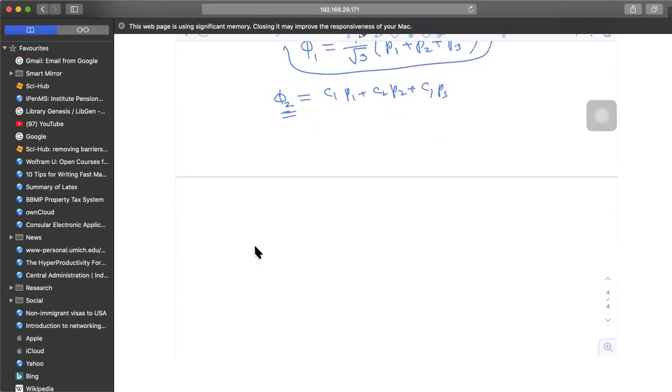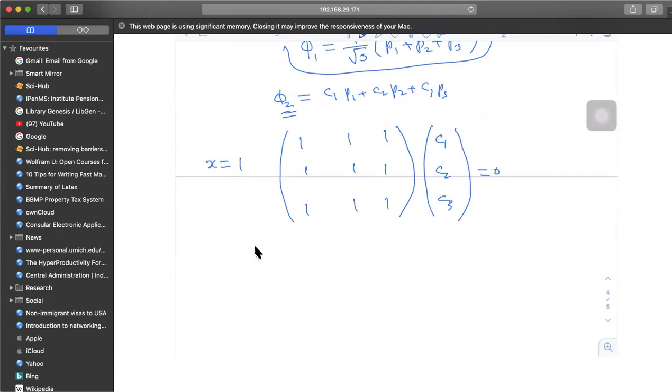So what will this C1, C2, C3 satisfy? Well, in this case, X is equal to 1, so you will get the matrix of all 1s times C1, C2, C3 is equal to 0.